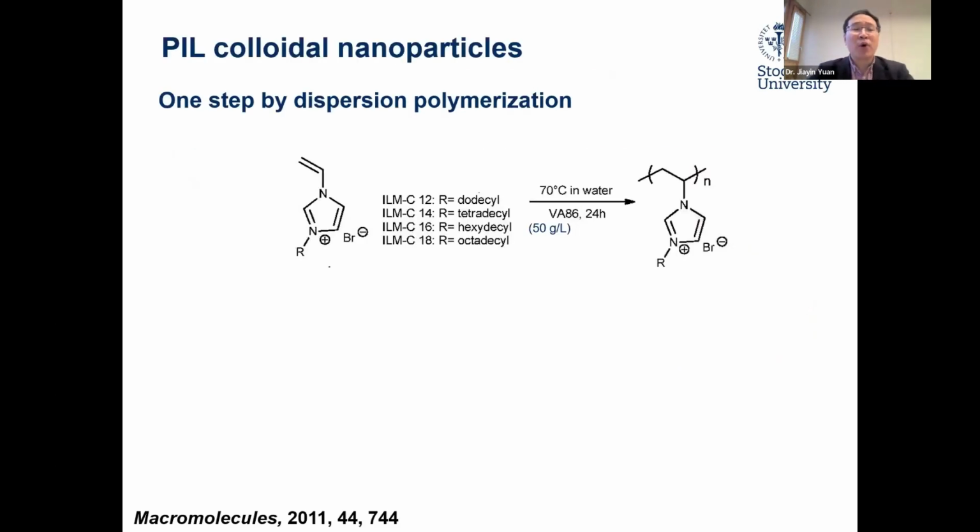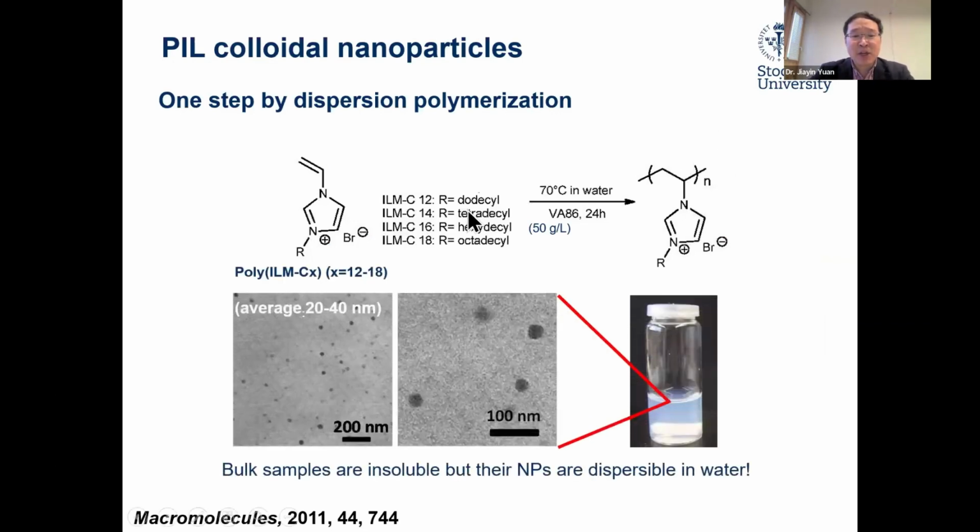The story started from quite a long time ago, that is 2011, when we first developed a method to produce PIL colloidal nanoparticles by a simple dispersion polymerization. Here we use a vinyl imidazolium bromide monomer with a long alkyl chain of sufficient length. Here, the length is C12 to C18.